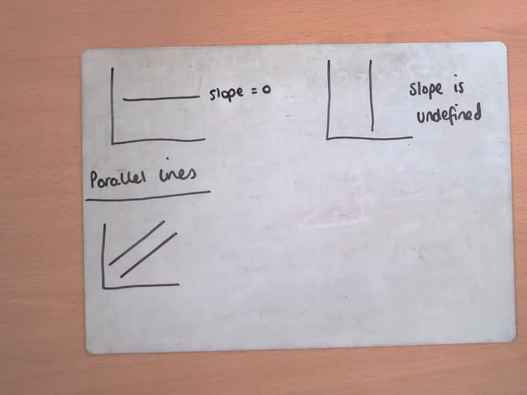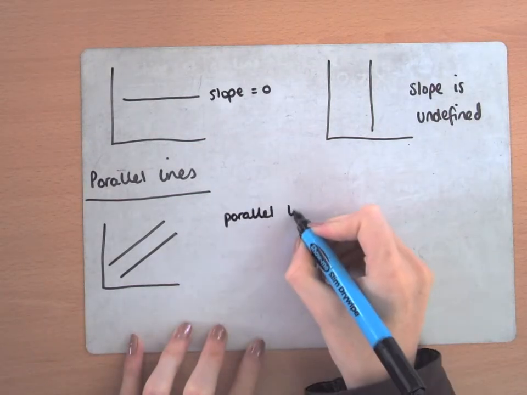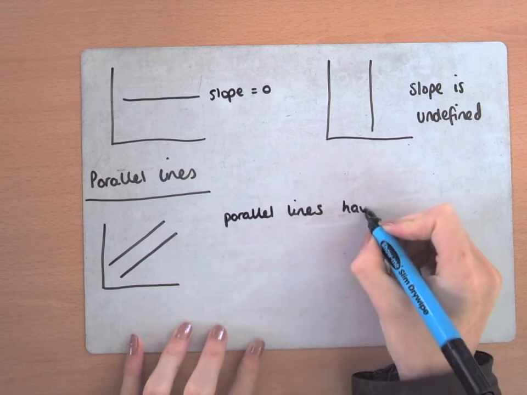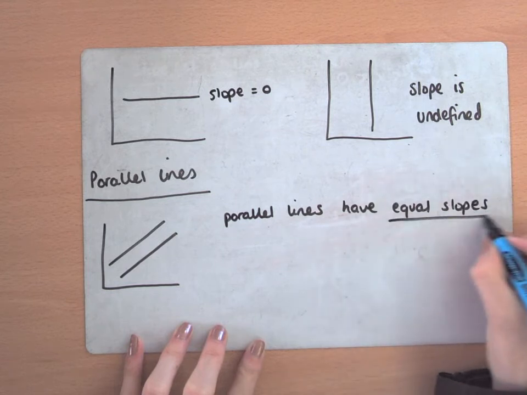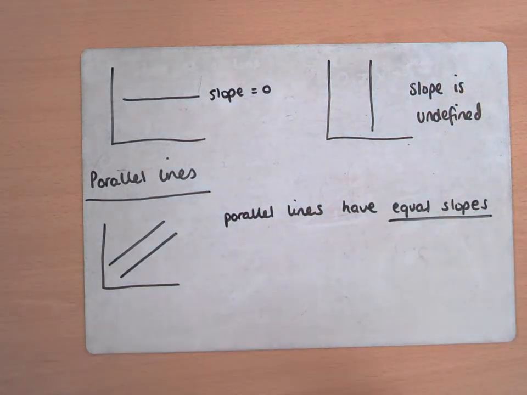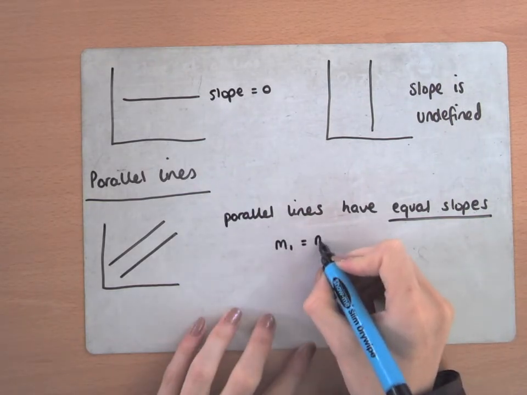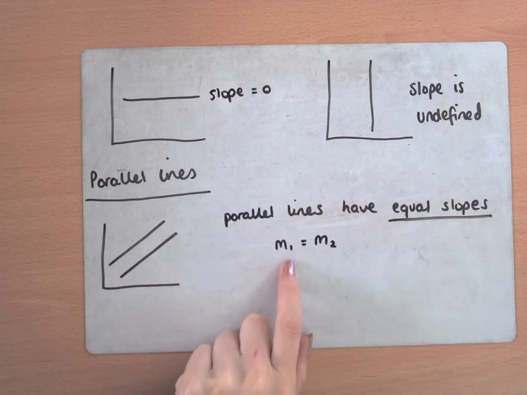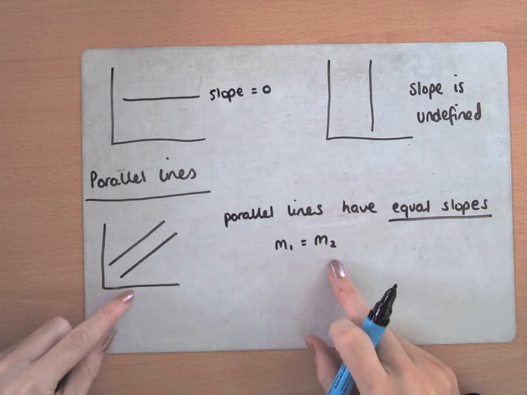They keep going in the same direction, don't they? The same distance apart. What would you think about their slopes? They're the same. Yeah. Parallel lines have equal slopes. Remember, the letter for slope is small m. So, for example, the first slope would be equal to the second slope.